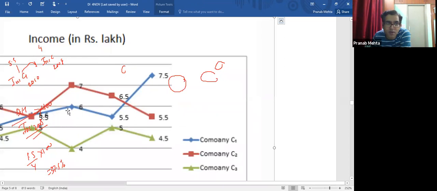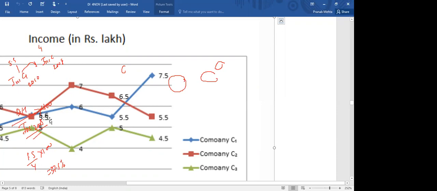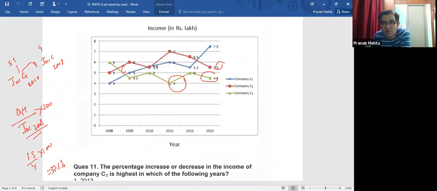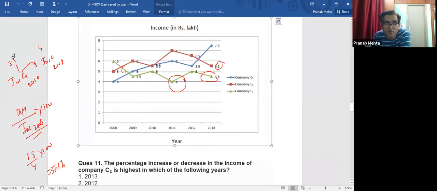Now you see, you should understand why I have done this. Can you see here? This one is 5.5. Another value is 5.6. So basically, we are not going to take 5.5, it has to be 5.6. You understood now what I'm saying? Now the question is which one is more.